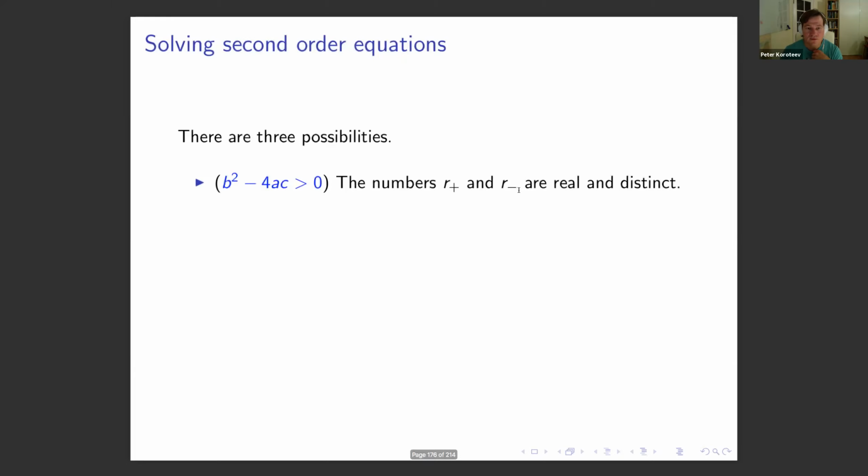So we have found that there are three possibilities here. If the discriminant is positive, the numbers r plus and r minus are real and distinct, and the space of solutions is spanned by these two functions, e to the r plus t and e to the r minus t.